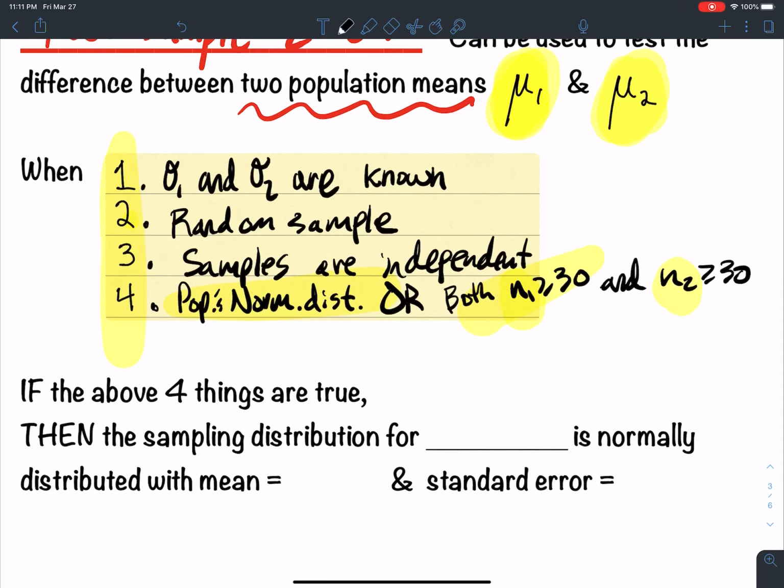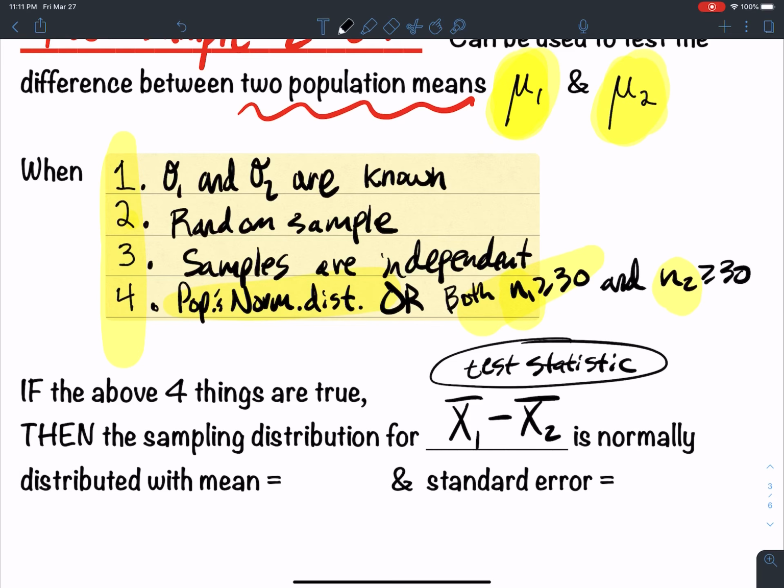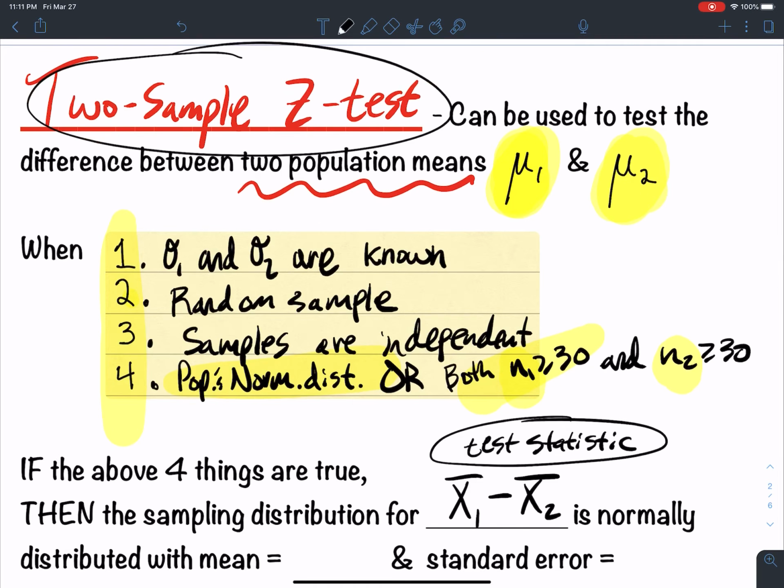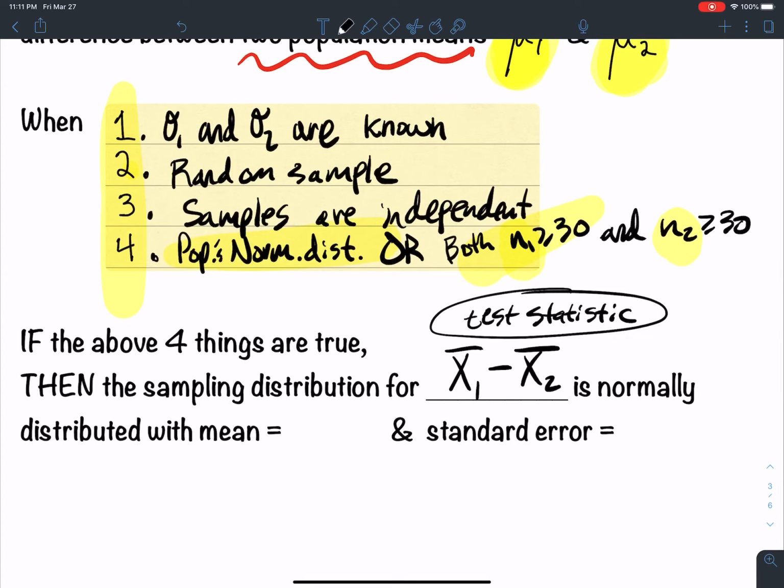The sampling distribution for x bar 1 minus x bar 2, this is the test statistic. So if you're asked to calculate the test statistic, this is the test statistic for the 2-sample z-test, okay, is normally distributed with a mean of mu sub x bar 1 minus x bar 2 and standard error of sigma sub x bar 1 minus x bar 2.